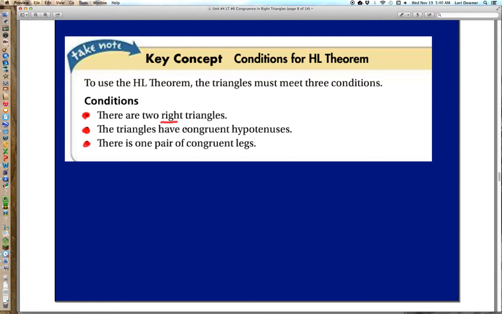The two triangles have congruent hypotenuses, and there's just one pair of congruent legs. When those occur, you can say triangles congruent. So it's as if we're adding another shortcut to our poster that's on the front board. We have those four, and in addition, we have the HL theorem that only works for right triangles.